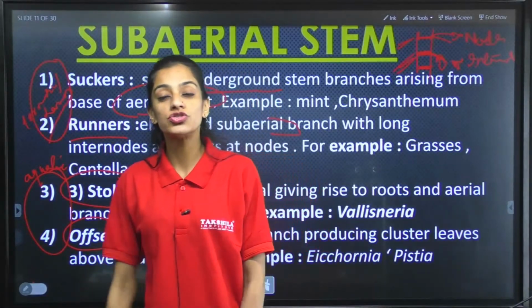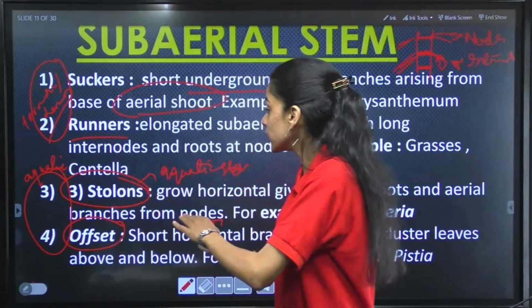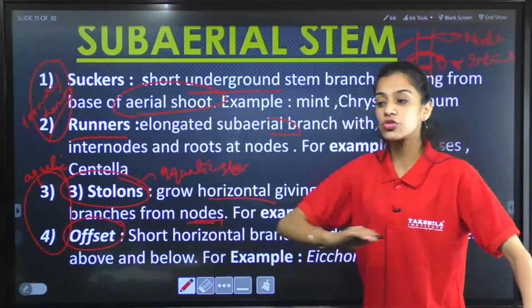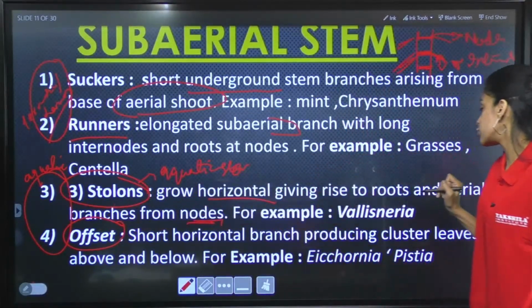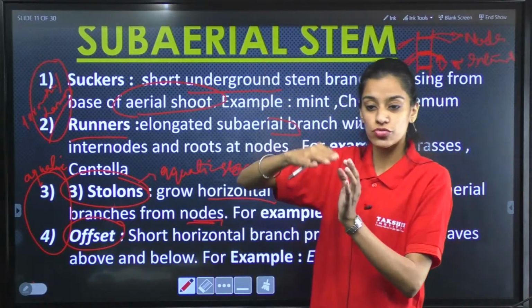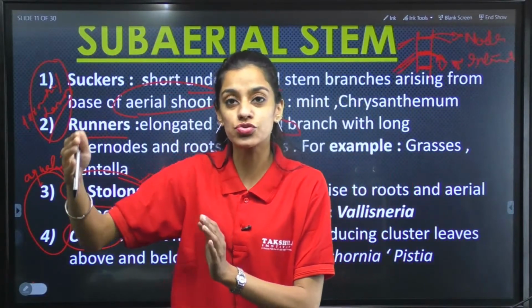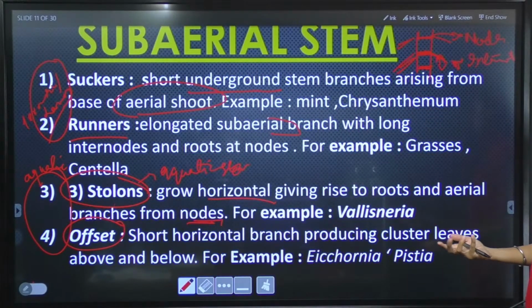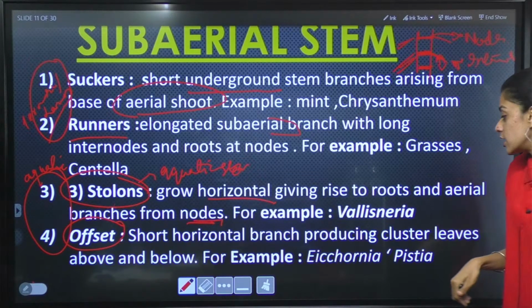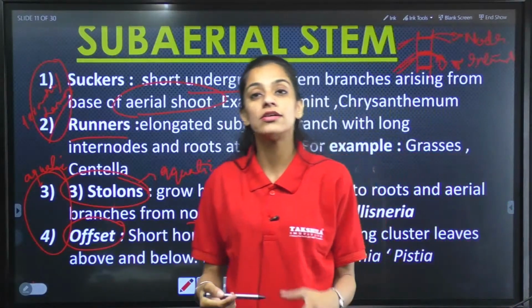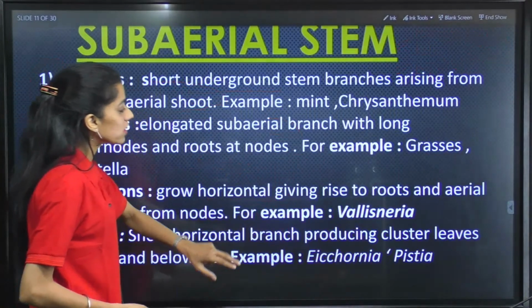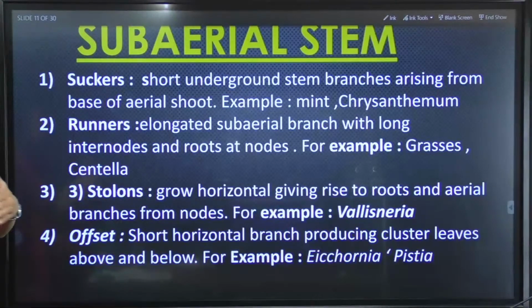So remember that stolon and offset are aquatic. A stolon grows horizontally, giving rise to roots and aerial branches from the nodes, so it raises the aerial branches upward, whereas the offset is also a horizontal branch which produces a cluster of leaves above and below. For example Eichhornia, Pistia, and so on. Right, so you have to remember. Let's look at the diagrams and then we can see it better, a picture of it.